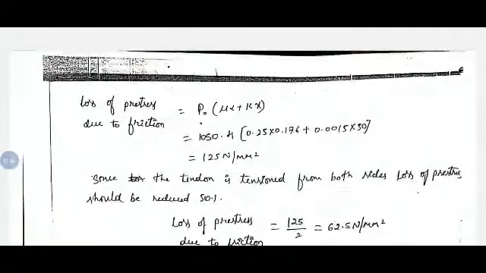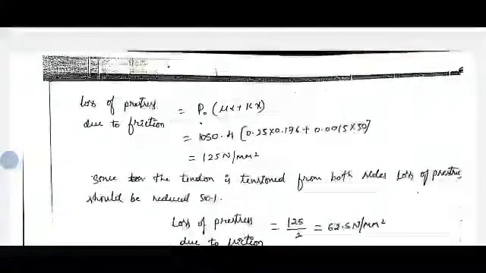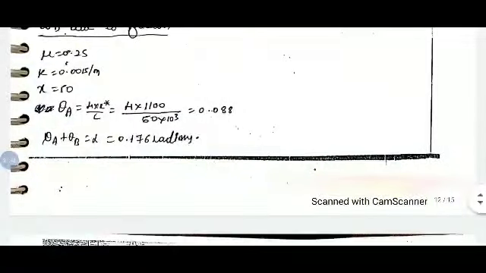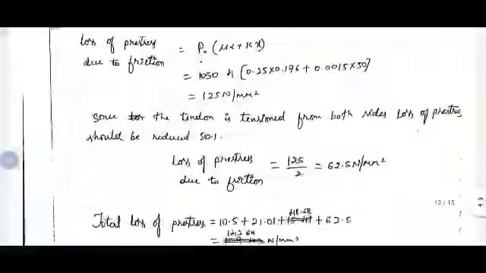One, you can take total loss by 2, or you can consider span as 25, and alpha what you have calculated you can take for only 1. Sigma theta A is 0.088 and theta C at midspan will be considered as 0. Both ways you can do.